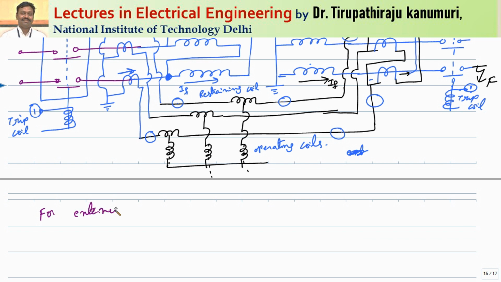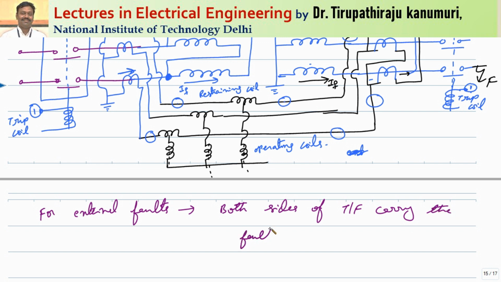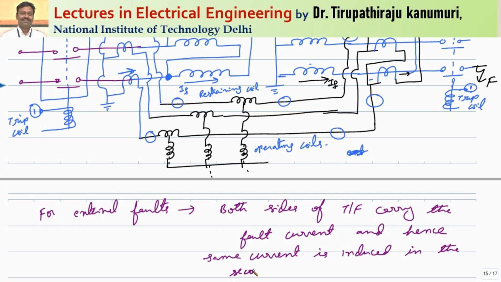For external faults, both sides of transformer carry the fault current, and hence same current is induced in the secondary of CT.